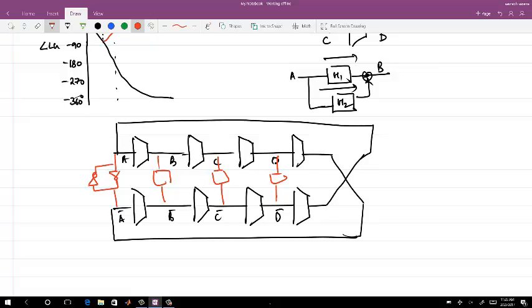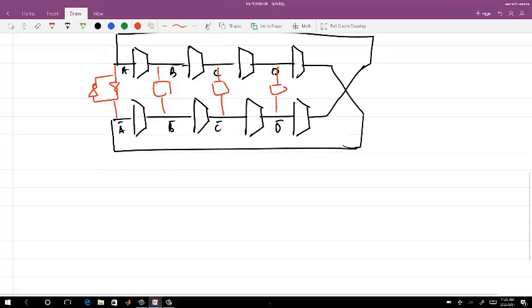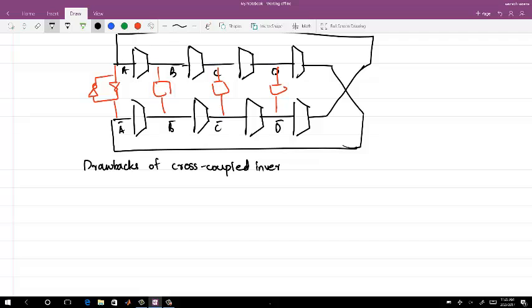Yeah, so now the question is, what are the drawbacks of cross coupled inverters?